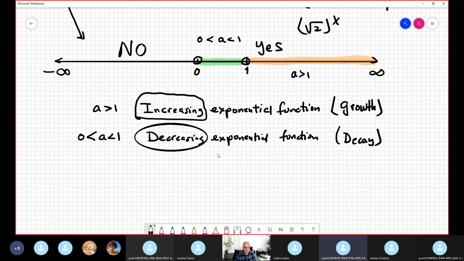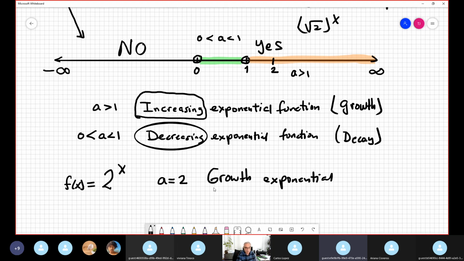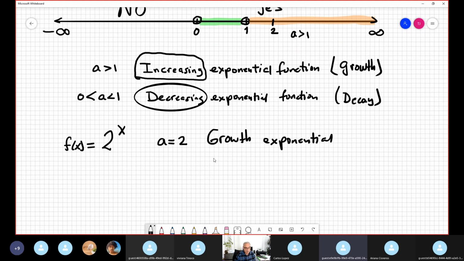Suppose this, 2 to the x. The base is 2, and you classify it as increasing, a growth exponential. Suppose now f of x is equal to 1/2 raised to the x power.